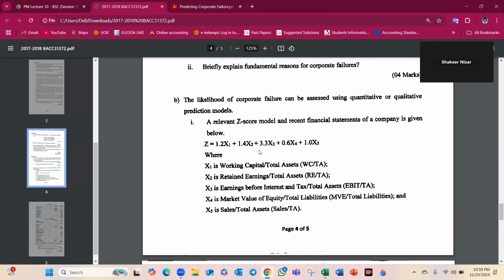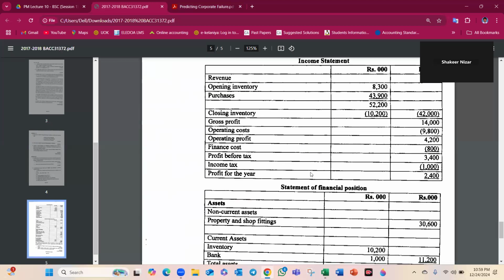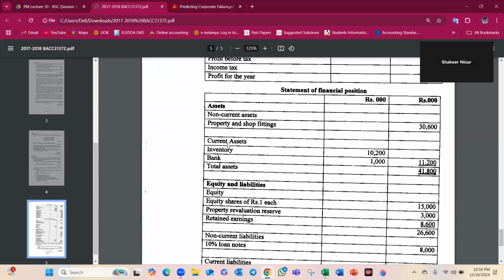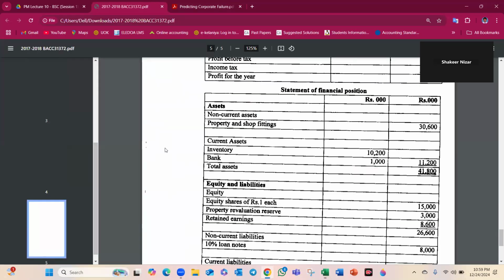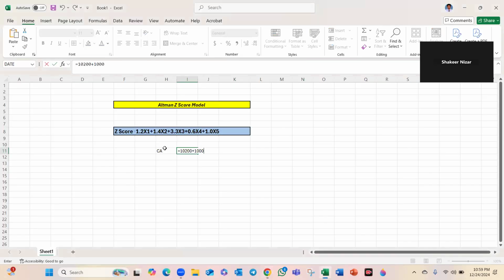Working capital means current assets minus current liabilities. In this case, I'm using Excel. Current assets are 10,200 plus 1,000.